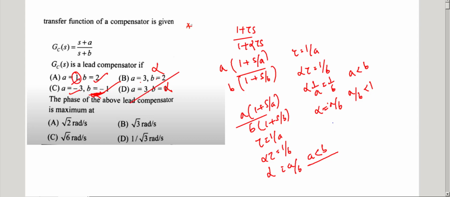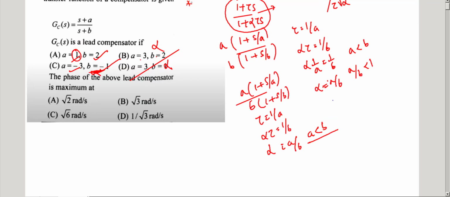Okay. So the frequency at which the phase of a lead compensator is maximum is 1 by time constant root alpha. Now substitute into this; the transfer function remains the same and you should get the standard formula. So if you have a doubt, here we have minus 3 and minus 1 as the options. Let us substitute: 1 plus a s, s plus 1 by s plus 2.